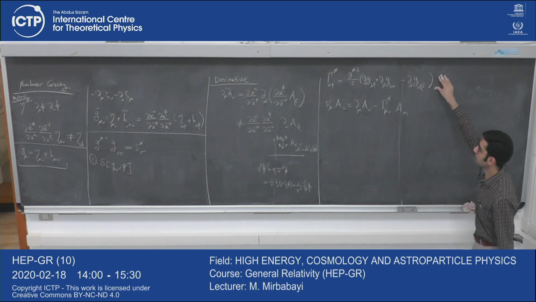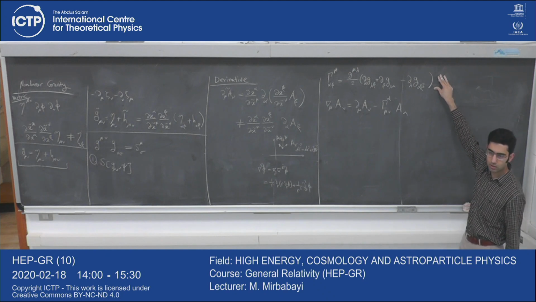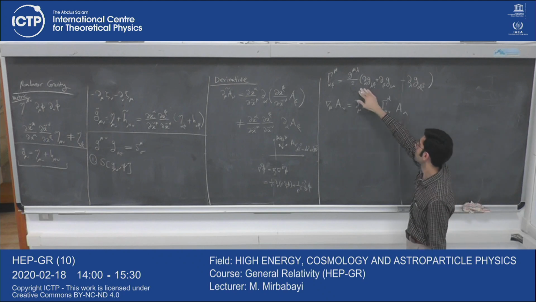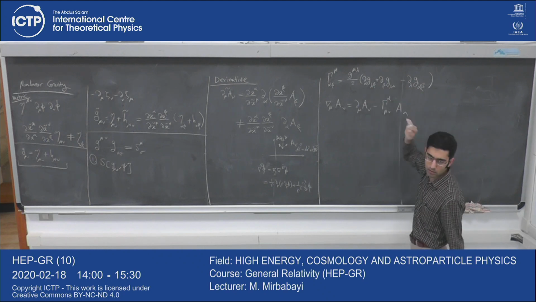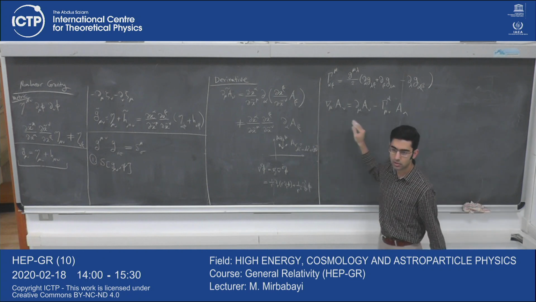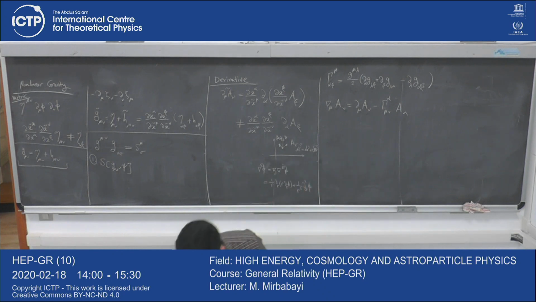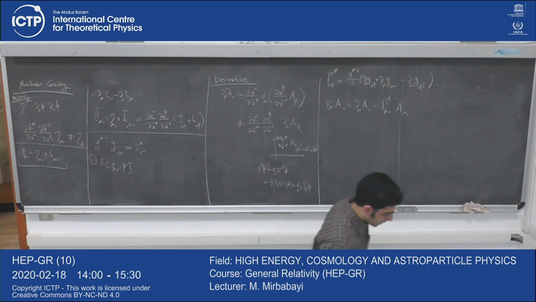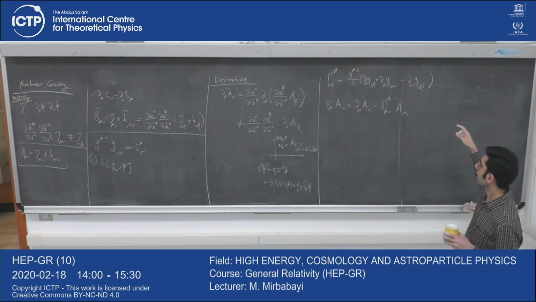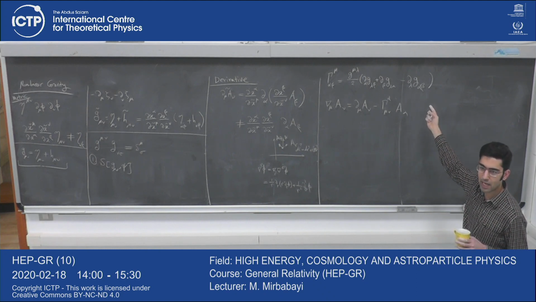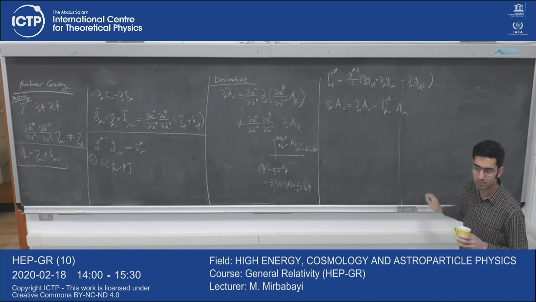Now you can check that this object is not a tensor. It's kind of easy to guess why, because it's made of ordinary derivatives. And this is not a tensor either, but the combination is. Is this unique? No, it's not unique, because you can add to it any rank 3 tensor, and that will also do the job.